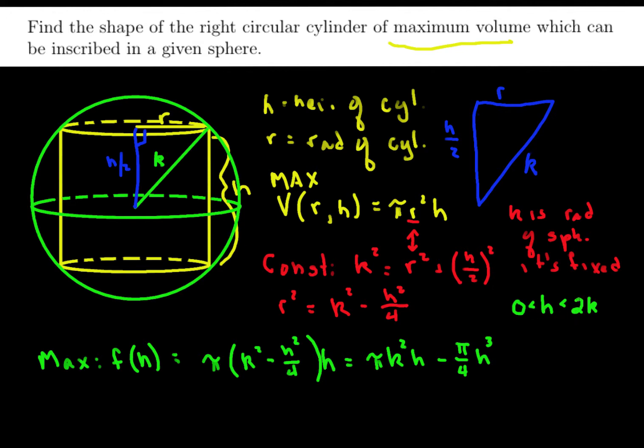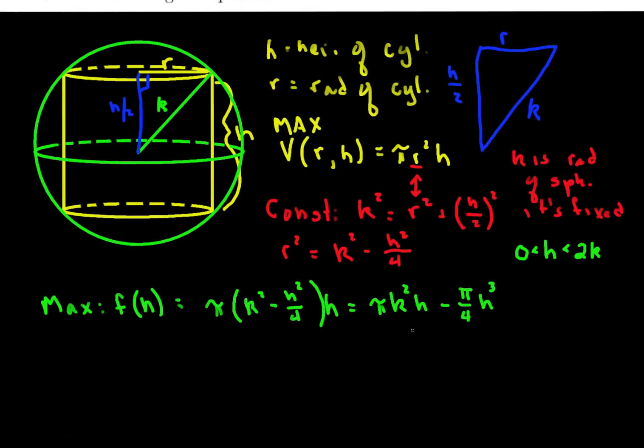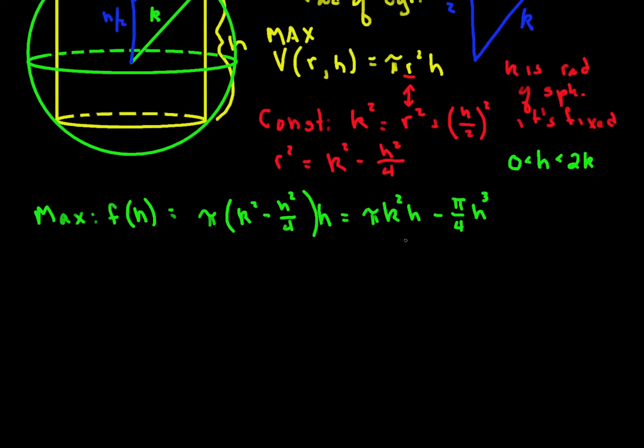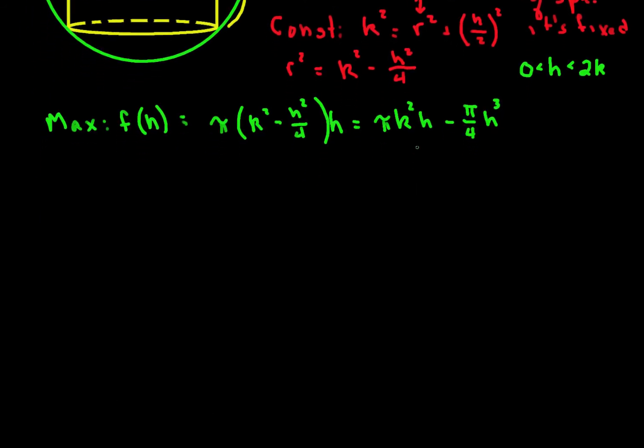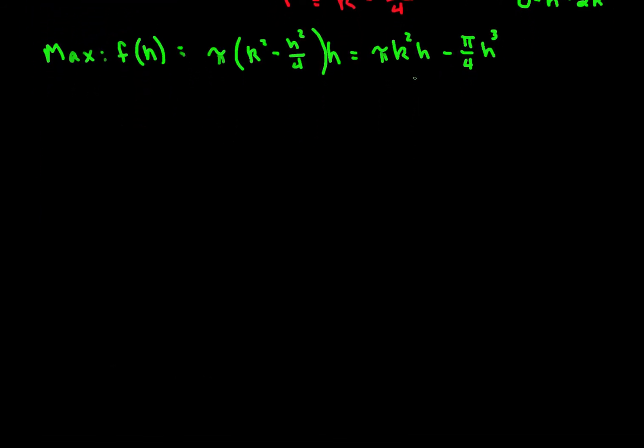So I don't have endpoints in this problem. If I'm going to look for critical values, they're all going to be interior critical values. So now we know how to approach a problem like this. We're going to take the derivative, set it equal to 0, and solve.